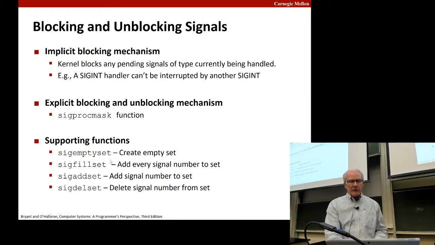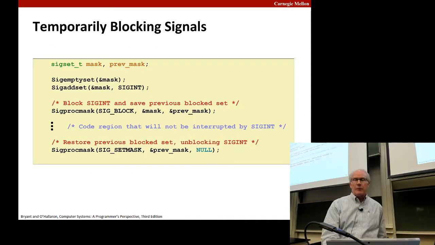You can block all signals by filling that set, or you can add specific signal numbers to the set, or you can delete specific signal numbers from the set. So these are all functions with various ampersands and arguments that you can use. But the idea is you can create and manipulate these sets of blocks.